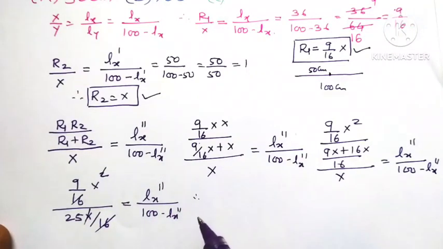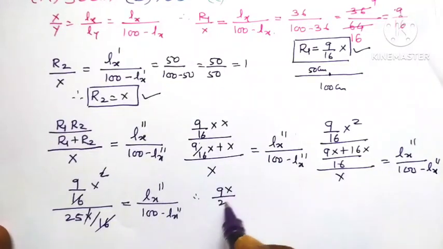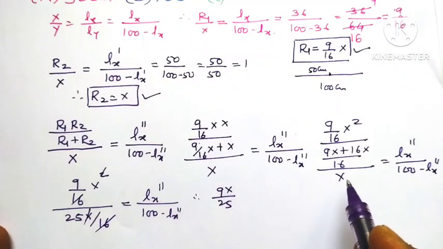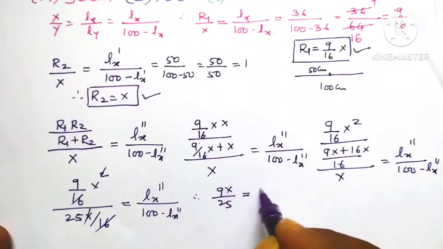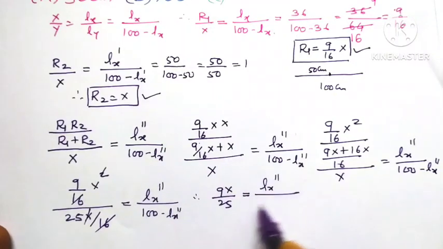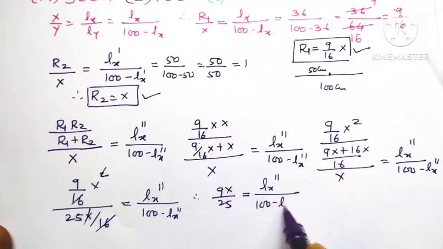Therefore we have 9 upon 25 equal to Lx double dash upon 100 minus Lx double dash.